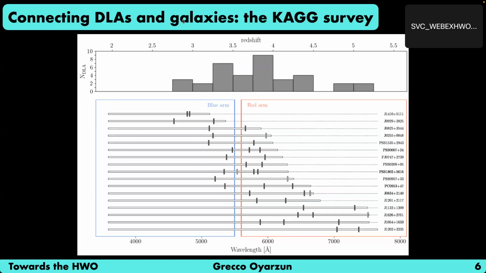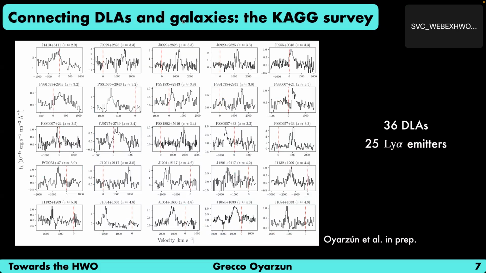So we can construct a histogram of the redshifts of the DLAs in the survey, and you can see that they're mostly between redshift 3 and redshift 5. I'm happy to share that we have taken all the data, we have reduced all the data, and we have detected 25 Lyman alpha emitters around our sample of 36 DLAs in total. You can see some of the initial detections in this figure.